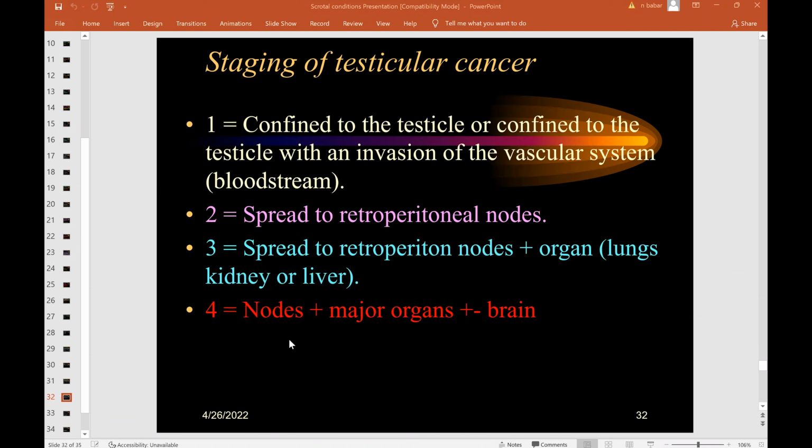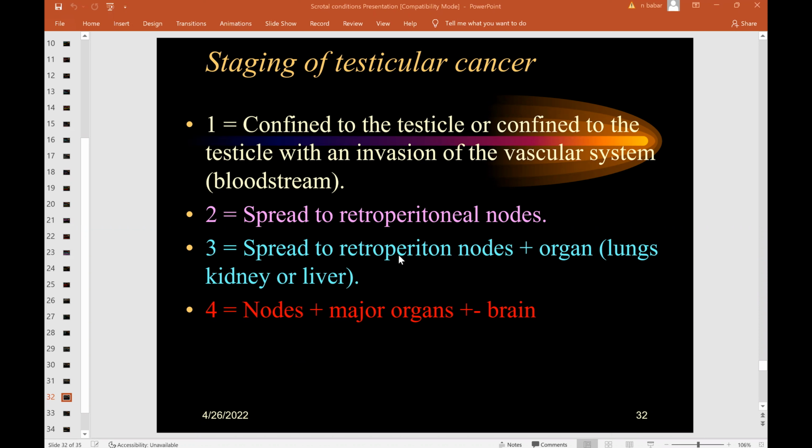Staging of testicular cancer. Stage 1, when it is confined to the testicle and it has only involved the local vascular tree, such as pampiniform plexus. Stage 2, when it has spread to the retroperitoneal nodes, which can be in the upper abdomen.